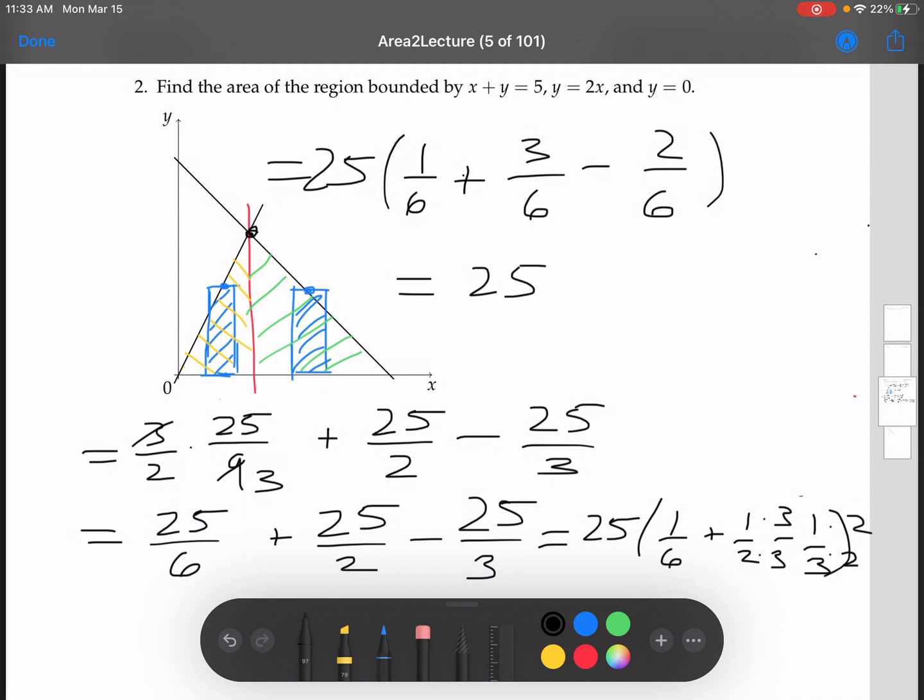So you get 25 times, with 6 in the denominator, 3 minus 2 is 1, 1 plus 1 is 2, so 2 over 6. A third. So we have 25 thirds.